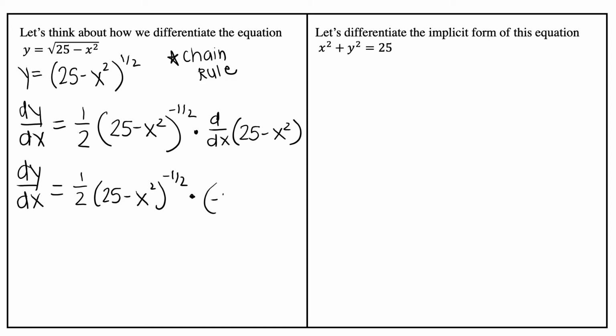I leave my negative out front, bring down my 2, and take my exponent down 1 less, which brings me to 1. So I can simplify my derivative, dy dx.